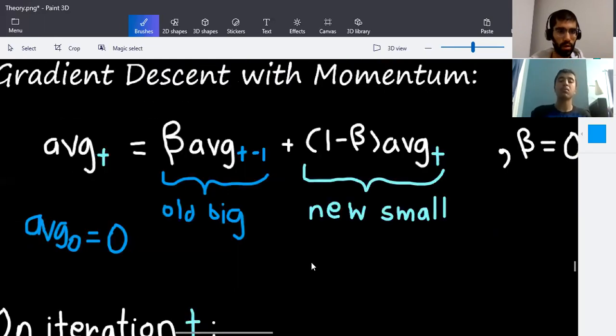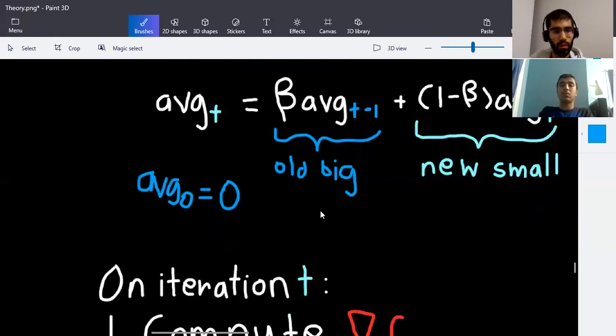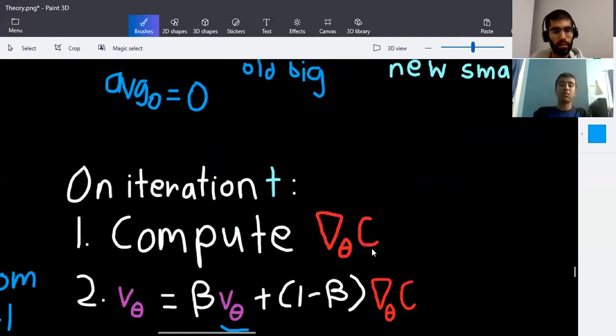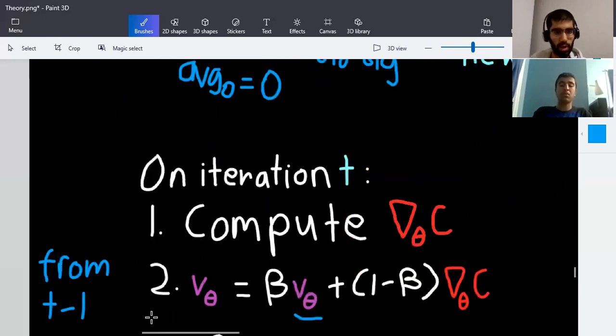So look, on iteration t, this is the iteration of gradient descent. First, we compute the derivatives. This is a storage container for all of the derivatives. Then we're going to create this special value v, where v is equal to the previous value from position t minus 1.